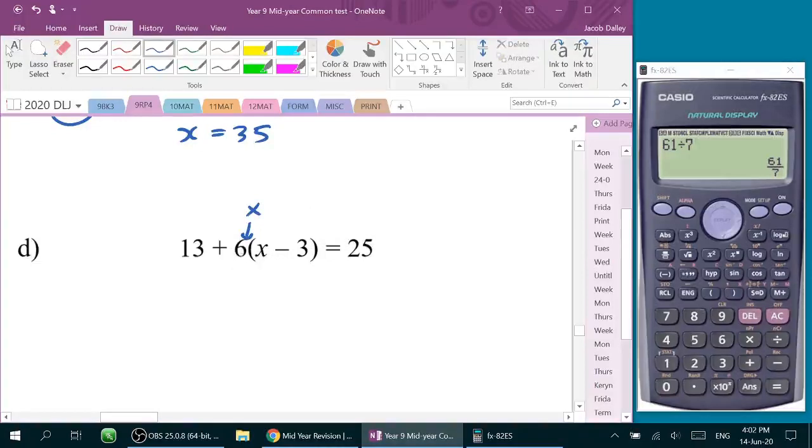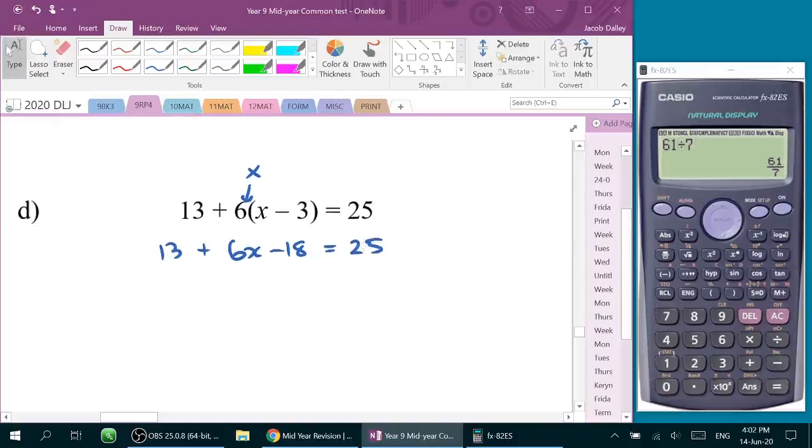This really means 6 times this entire bracket. So we want to do the multiplication first. So let's do that. 13 plus 6x, 6 times negative 3 makes negative 18 equals 25.